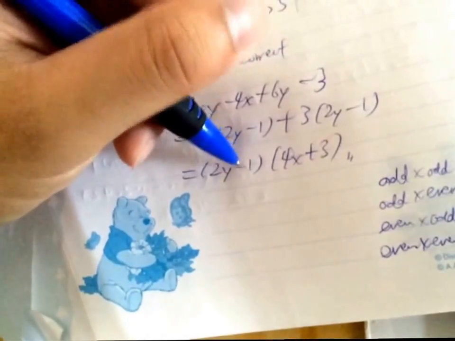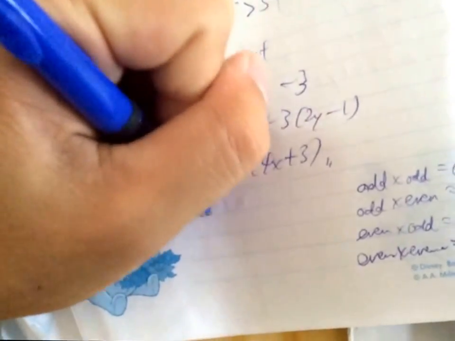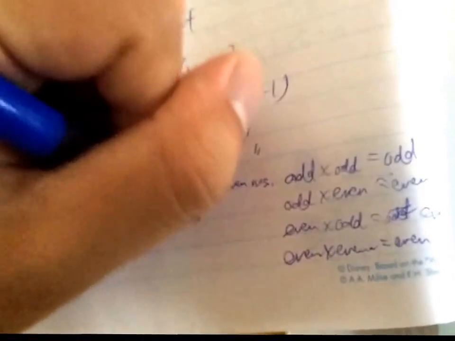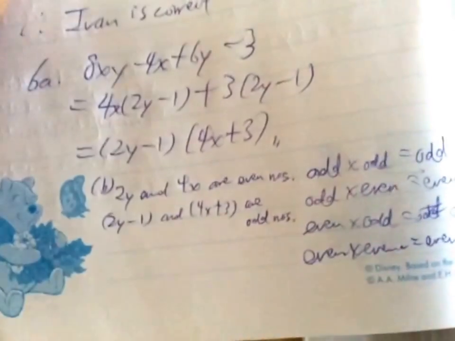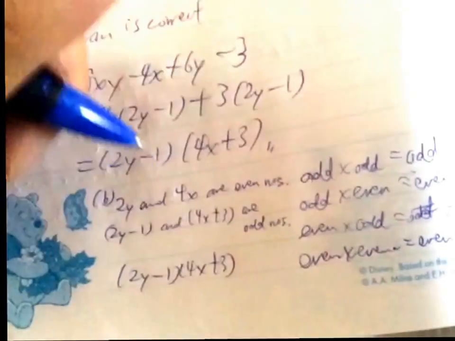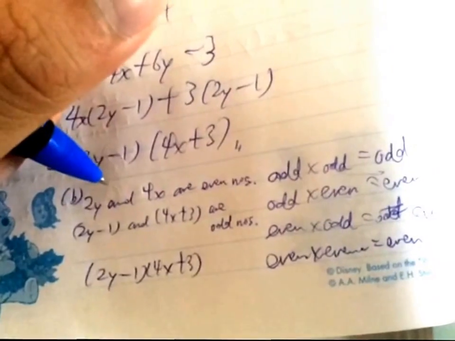Okay, so this is an even number, and then minus 1 is an odd number. B: 2y and 4x are even numbers. So 2y minus 1 and 4x plus 3 are odd numbers. Okay, that means if you multiply them together, it's also an odd number.